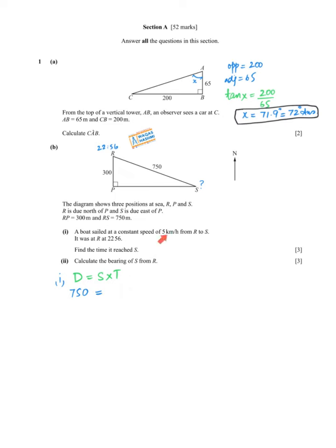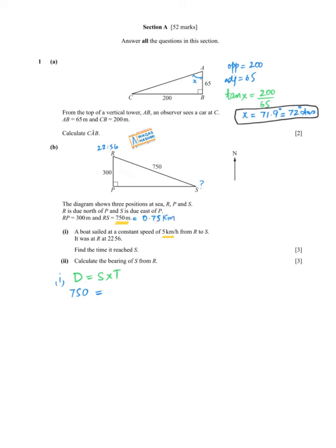Yes, we have 5. Now, the main issue we are facing here is the difference of units. We have kilometers per hour and we have 750 meters. So we need to apply the rule for unit conversion. To convert 750 into kilometers, it will be 750 divided by 1000. That leads to 0.75 kilometers.